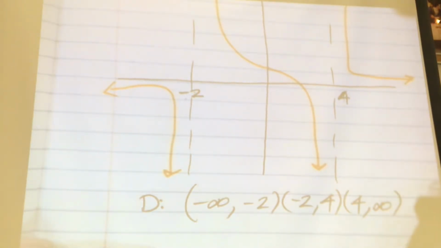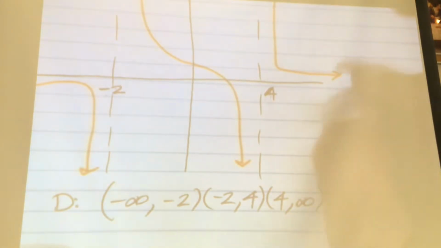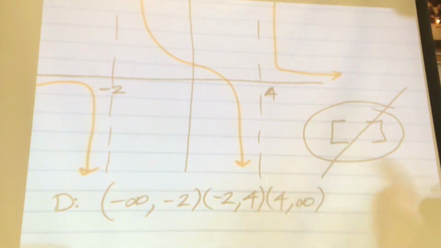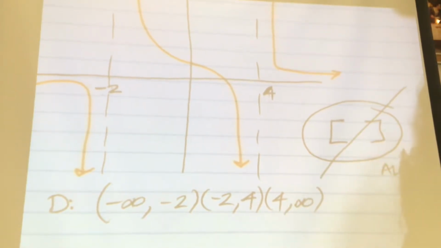Make a side note to yourself, you guys. You're not allowed to use these. It has to be parentheses, not brackets. You're not allowed to use these because they mean that you're allowed to include the 4. This means including 4. The whole point is for you to tell people not to include 4.